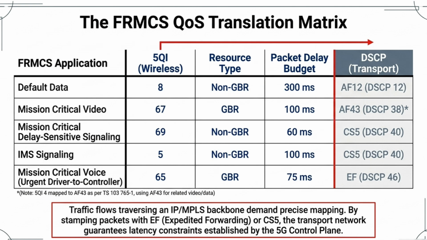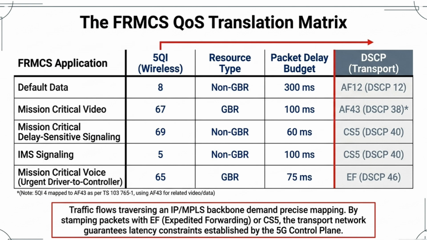Consequently, when you're configuring the gNodeB for the uplink or the UPF for the downlink, these specific 5G values have to map directly into the IP world using standardized DSCP codes. As we touched on earlier, 5QI65, that's our urgent voice traffic, absolutely must translate to EF, which is expedited forwarding. EF is the highest priority standard traffic class, guaranteeing immediate forwarding with minimal delay across all those IP routers.